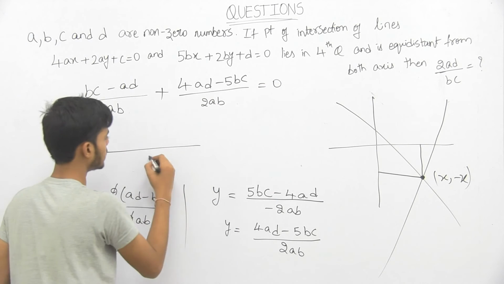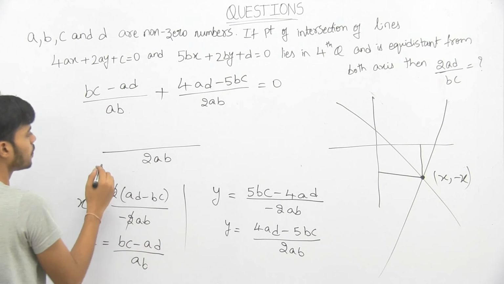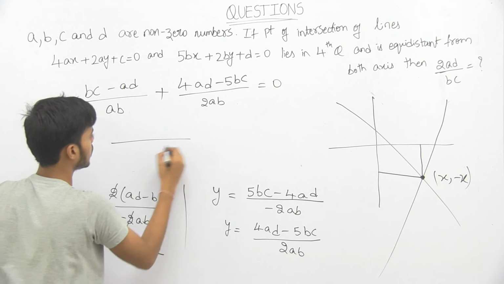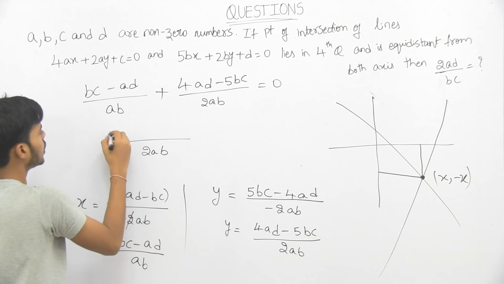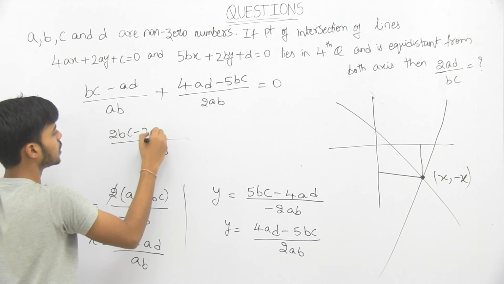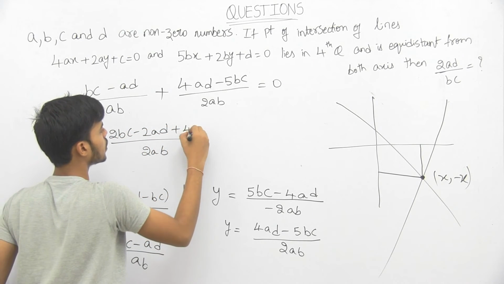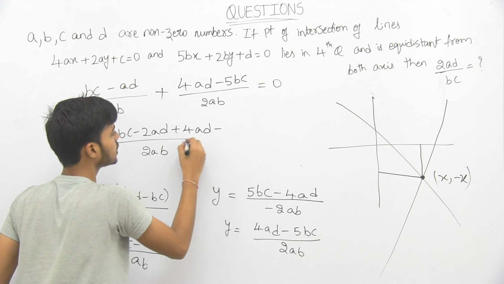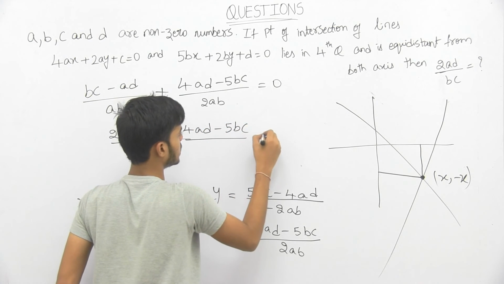So taking LCM, 2ab, we have 2bc minus 2ad plus 4ad minus 5bc is equals to 0.